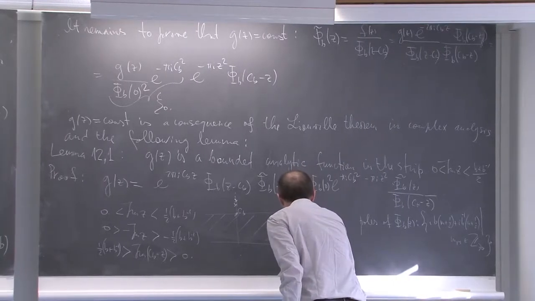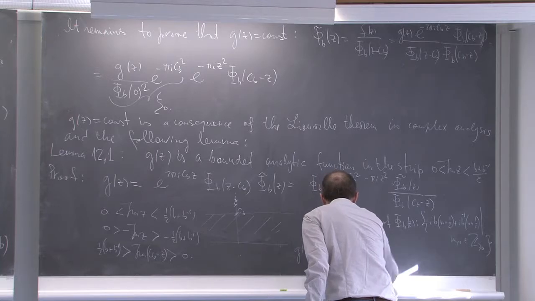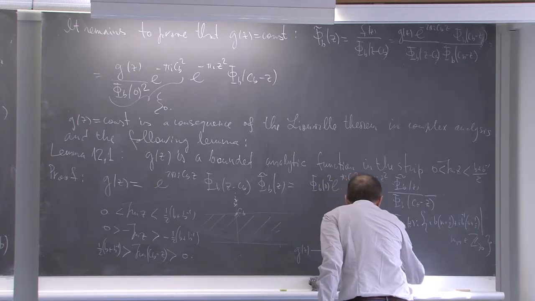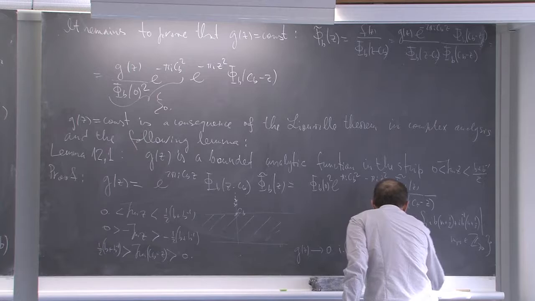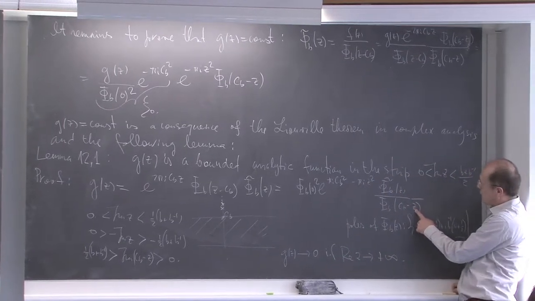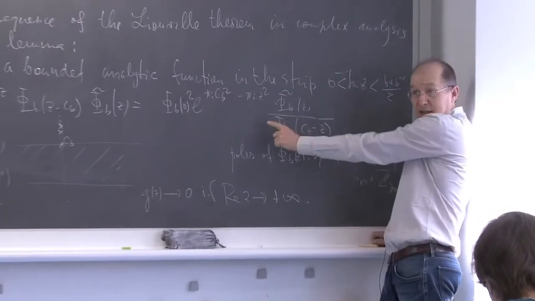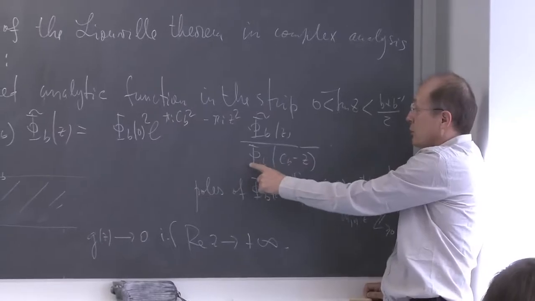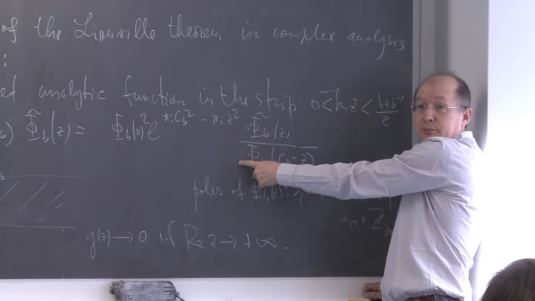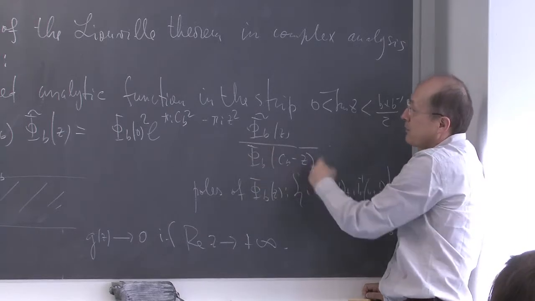So g of z goes to 0 if the real part of z goes to plus infinity. Why is it so? Because when the real part of z goes to plus infinity, the real part of the argument here goes to minus infinity. So this phi goes to 1 from the property of the function phi b.